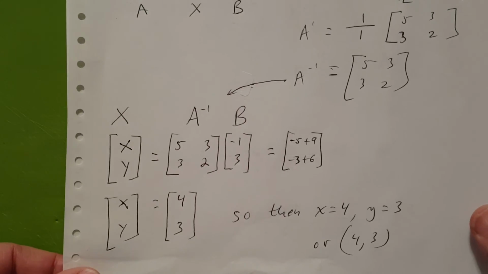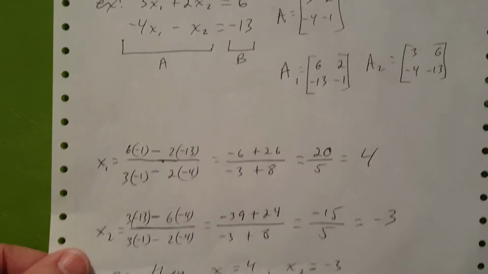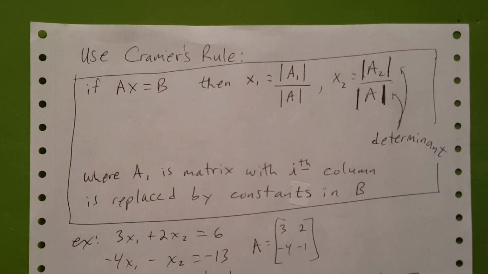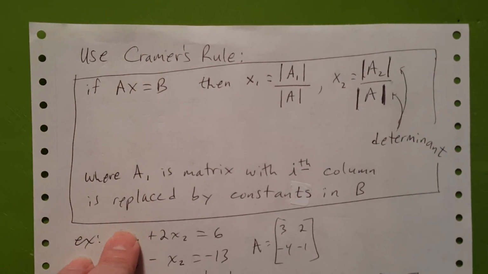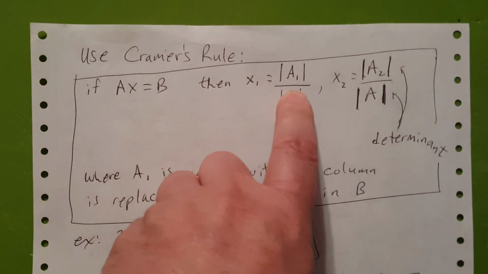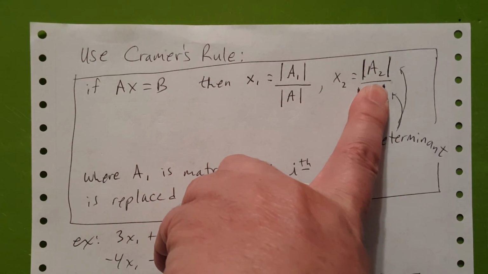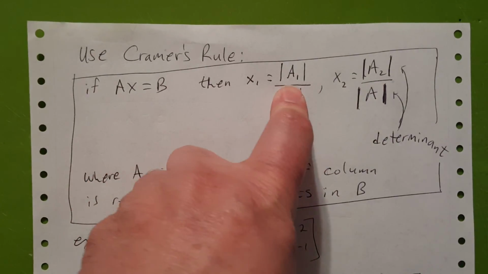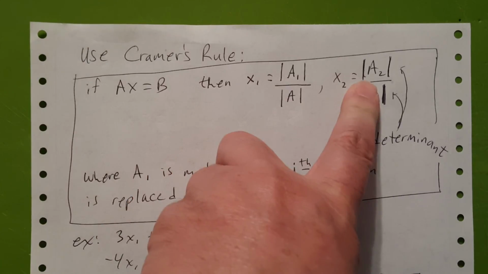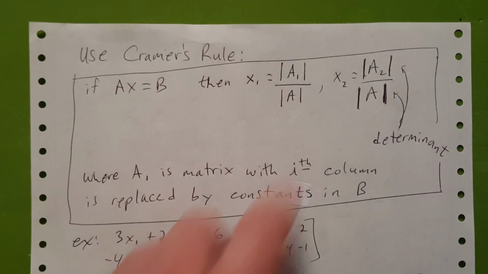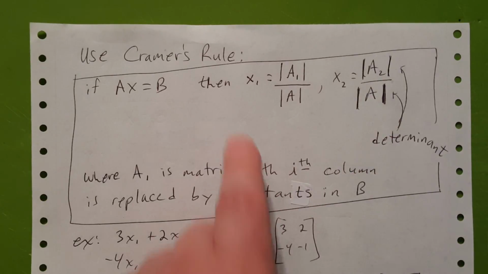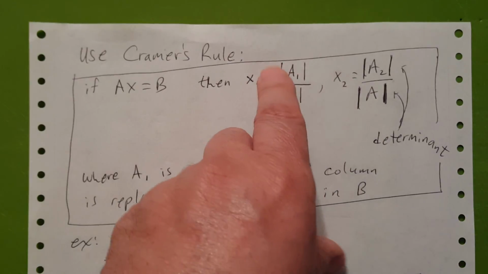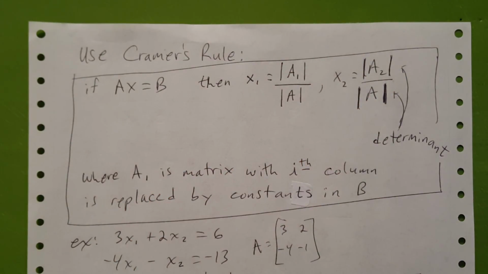The other way of doing it is called Cramer's rule. That's when you create two new matrices, A1 and A2, by replacing a column with B. Together with the original A, you find all the determinants and use them as fractions, division, to find the answers.